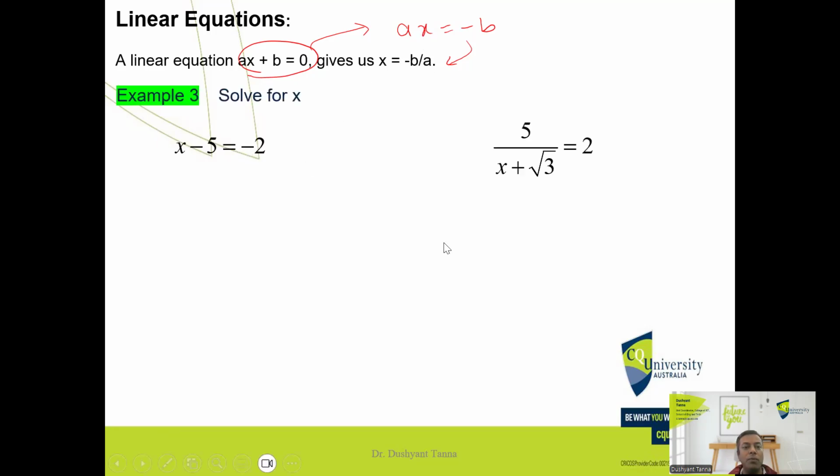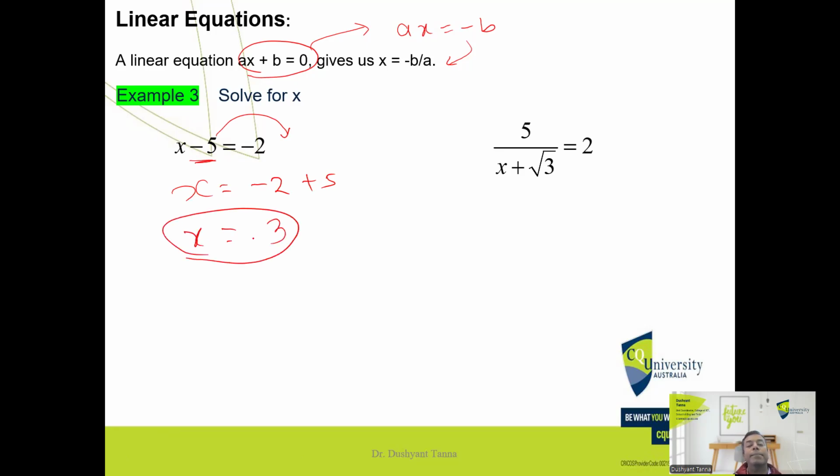Okay, solve for x. Maybe questions, you can do it with me if you like. What we do, shift the pi to the other side. It was minus pi, that will be treated as plus pi. Minus 2 plus pi, or pi minus 2 will give you 3.